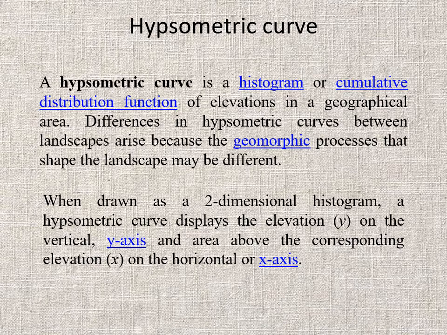Now the hypsometric curve. The hypsometric curve is a simple histogram in which we plot the elevations of different points over a geographical area. Suppose you are going from your academic institution, from your college to your house. During your journey, you are going through different points, different locations.